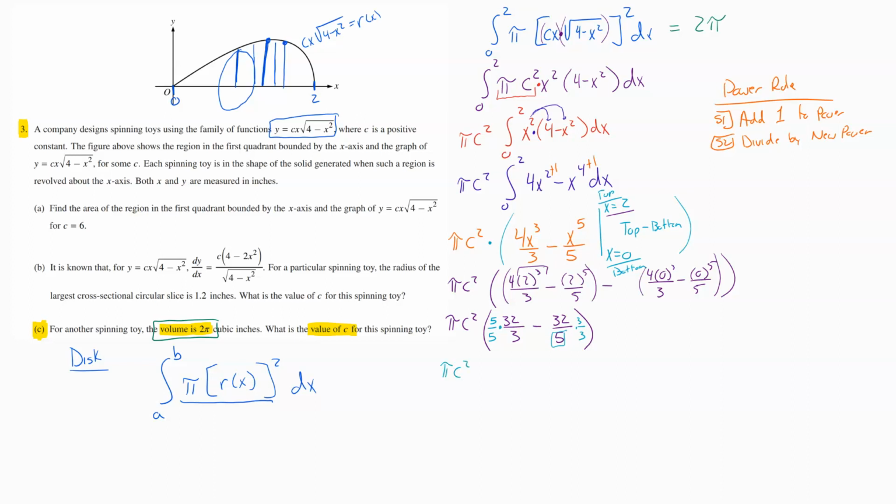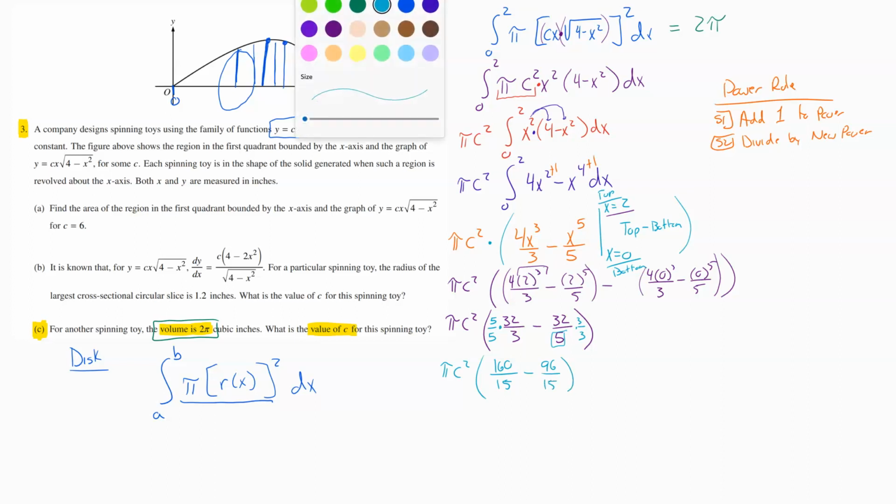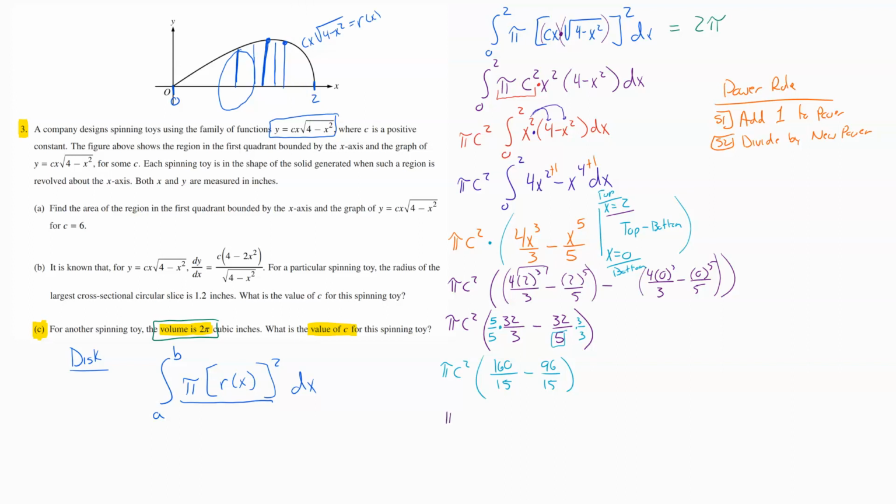So we got our pi c squared out front. We do 5 times 32, which is going to get us 160 over 15, minus 3 times 32, which is going to get us 96 over 15. Again, take it a step at a time. Pi times c squared, 160 minus 96.